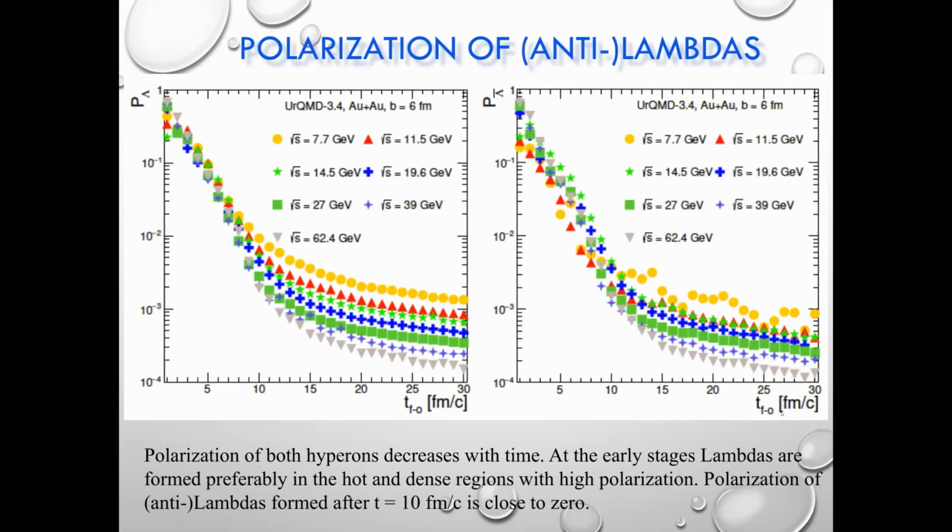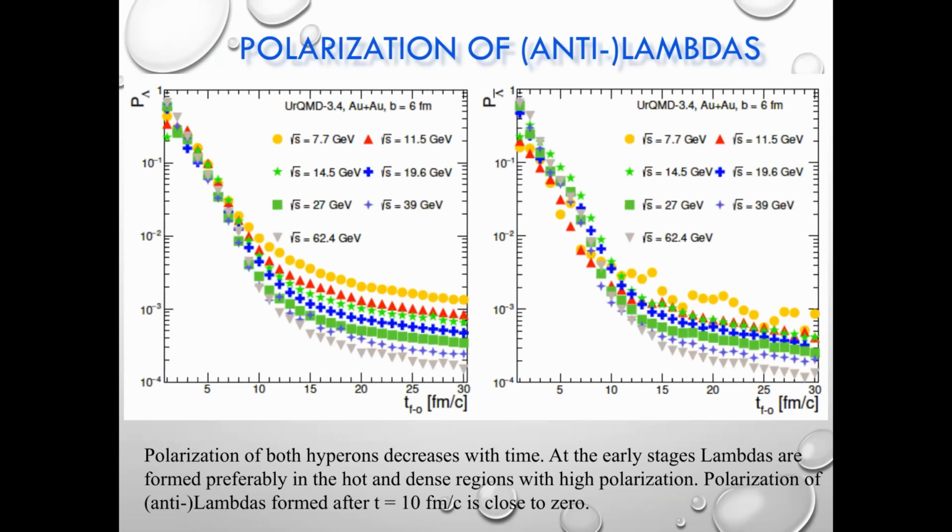And then the polarization. You see, because of the higher vorticity at the early stages, the polarization of both lambdas and anti-lambdas emitted within, say, the first 5 fm/c is very high. It can easily be, say, 60 to 70%.